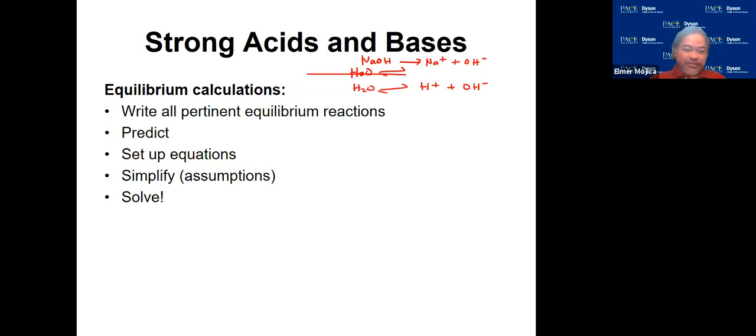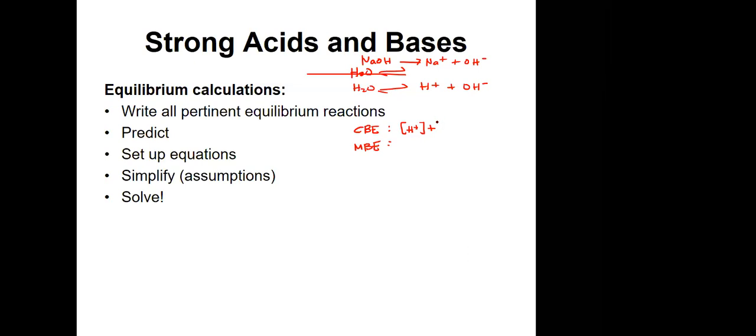Okay, so how are we going to set up this CBE and MBE? Anyone? How do we write CBE? And then how do we write MBE? CBE, you have what? You have H plus, and what's the other positive charge? Anyone? Sodium.